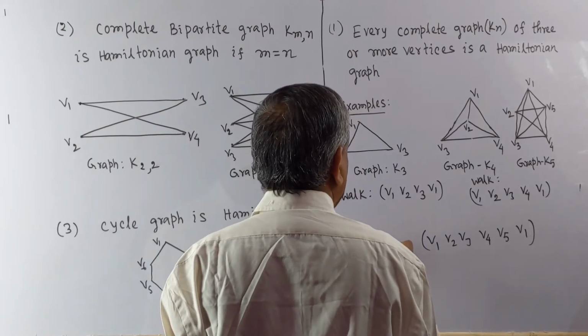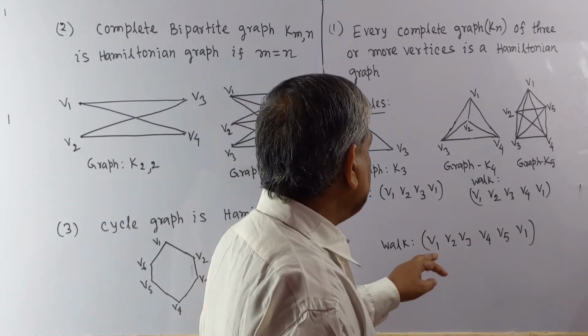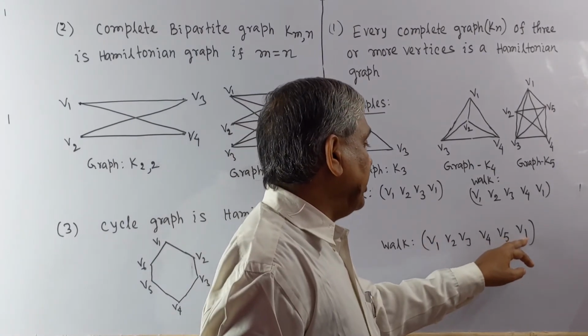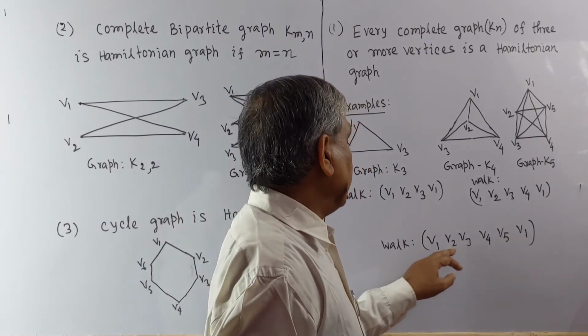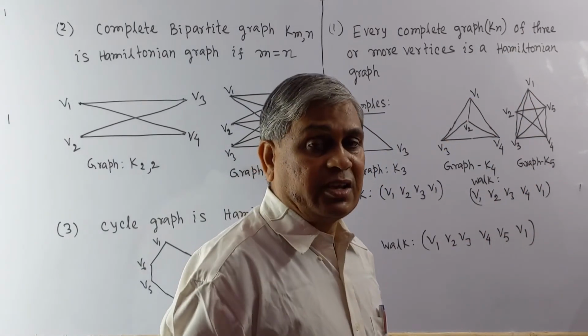This is a closed walk. Here, except starting and end vertex V1, all vertices appear once.